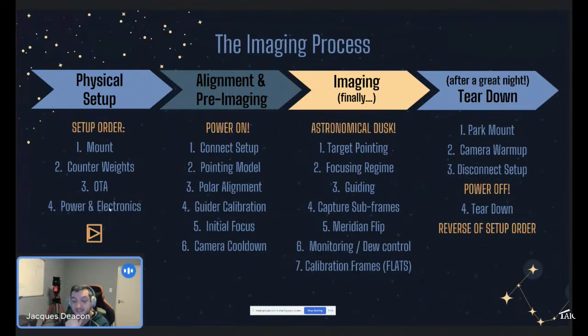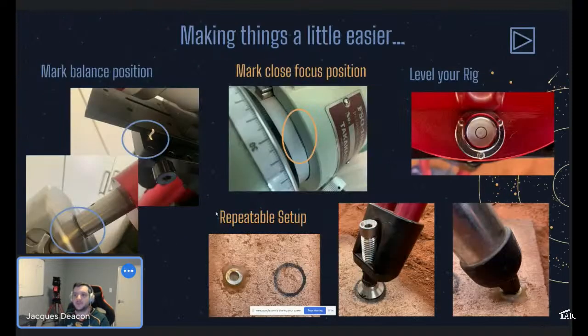It's very important, as I said, the way you set up, because you don't want to load your mount with the OTA without the counterweights attached, and obviously connecting power before everything is there, and just following this simple little order of how you do things makes life a lot easier. Just a quick reference to an earlier slide in part 1, making things a little bit easier. So keep these in mind.